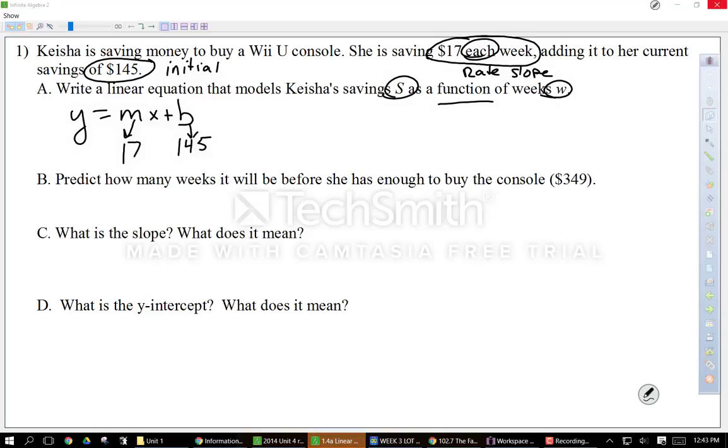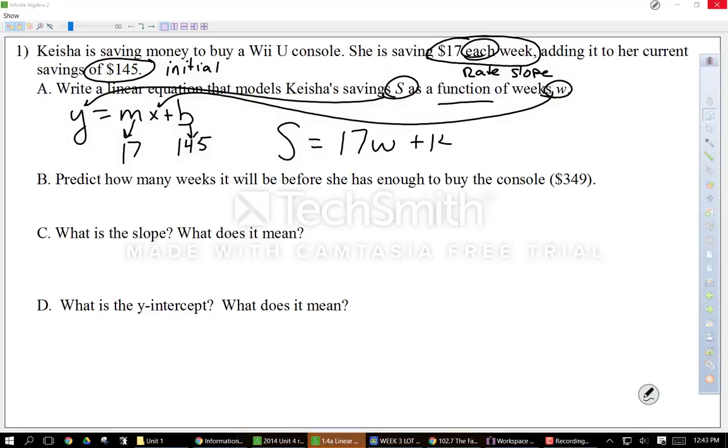Okay, an easier way of saying it is, if the variable comes first, that's our y value, and whatever variable comes second is our x value. So our equation is S equals 17W plus 145. That is the equation that we're going to be using for the rest of this particular problem.